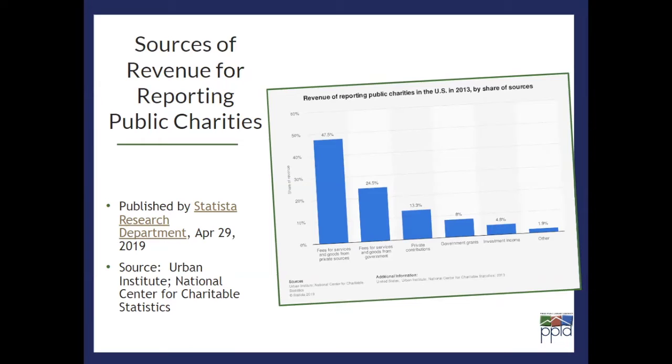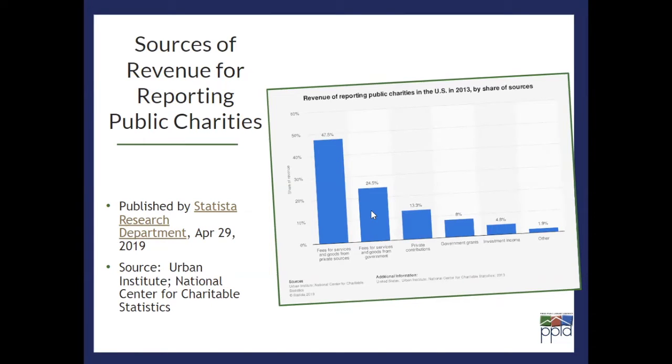When we talk about earned income, we're specifically talking about the revenue generated from the sale of goods and services. And my favorite example is Girl Scout cookies. If you've ever bought a box, you've contributed to the Girl Scout organization. And that's this big, tall bar right here.